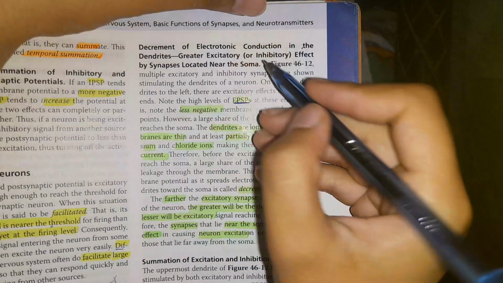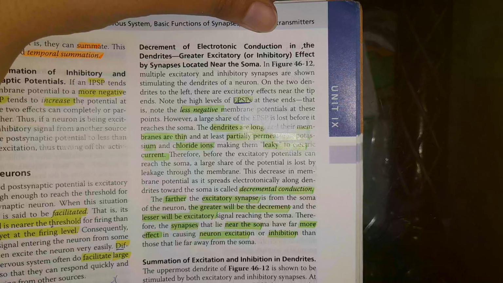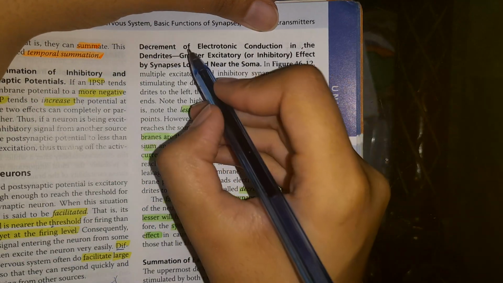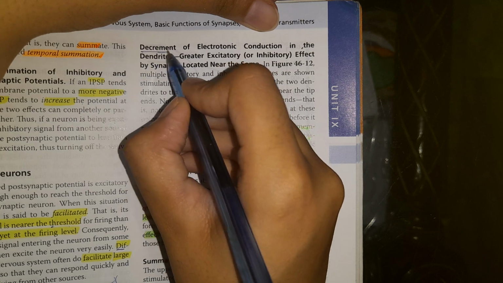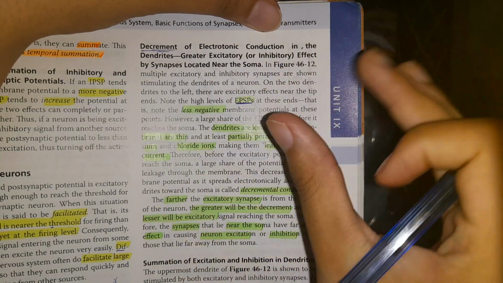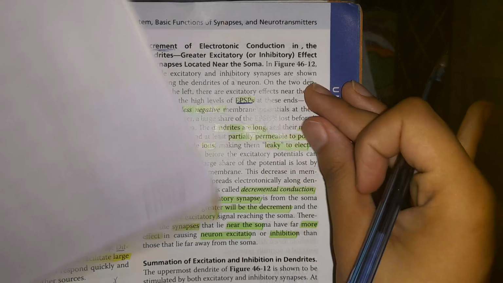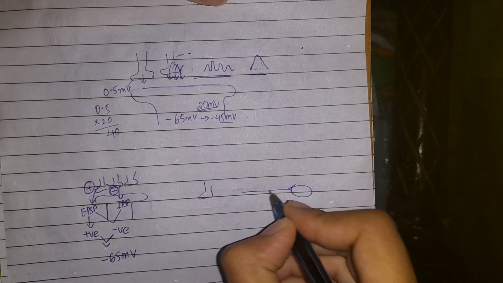Now we have this topic, which is decrement of electrotonic conduction. What do we mean by decrement? Decrement is when the action potential that is being transmitted is lost somewhere in between. For example, consider this a neuronal cell body, and this is a dendrite.